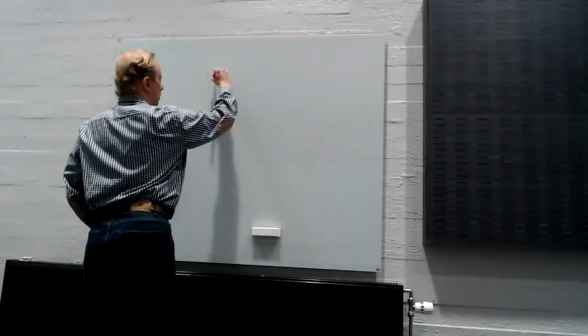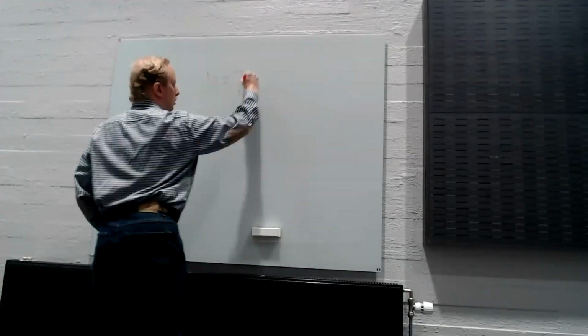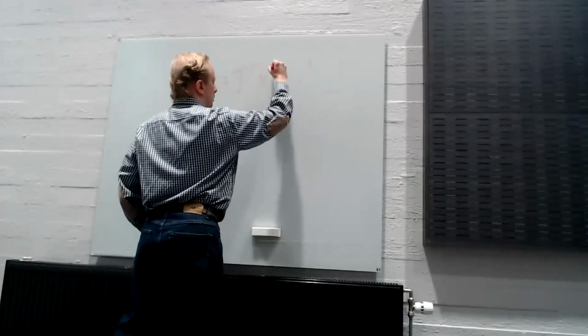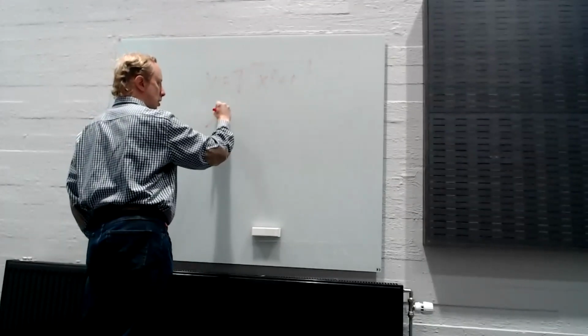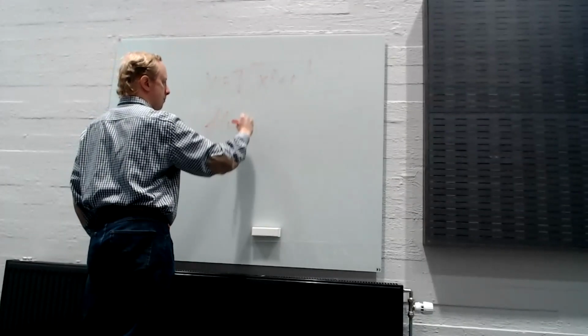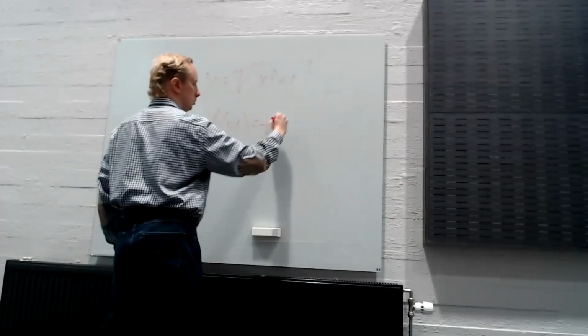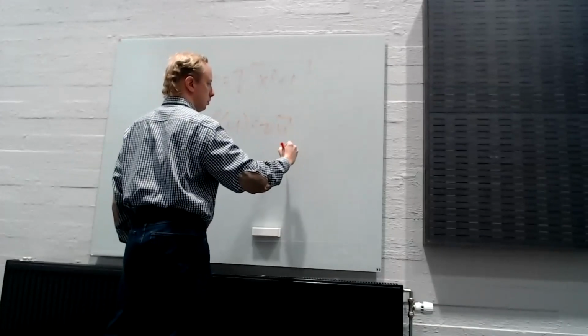So we had y equals square root of x squared plus 1, and we divide this into two functions. So f of u equals square root of u.